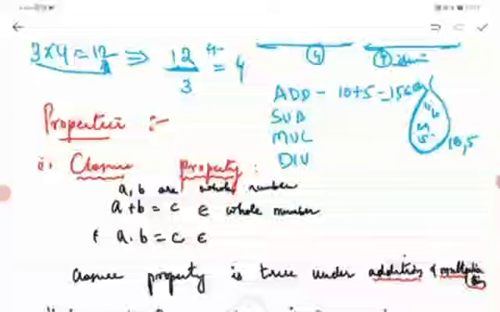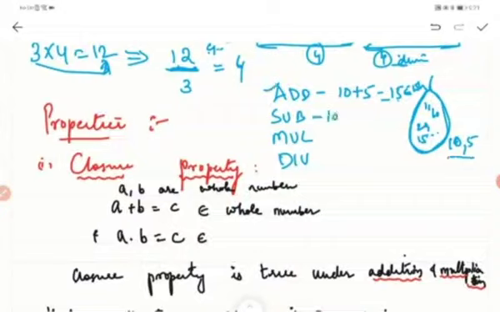It is closed under the whole number set. So under addition, your closure property is true. Now if I take the same two numbers, 10 minus 5, how much will I get? 5. Yes, this 5 also belongs to whole numbers, right?